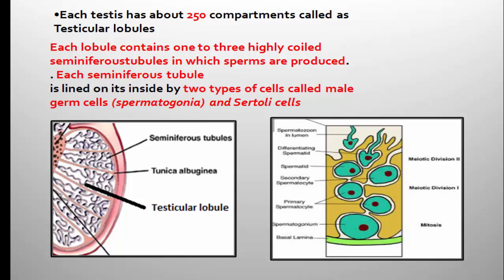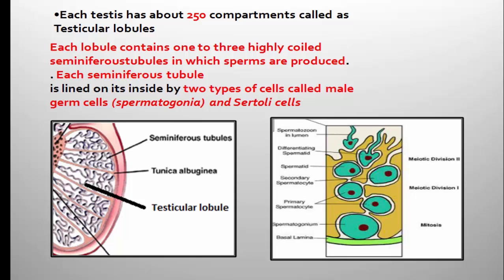The testes are oval in shape. Their length is 4 to 5 centimeters and width is 3 to 4 centimeters. They are present outside the abdominal cavity in a pouch called scrotum.